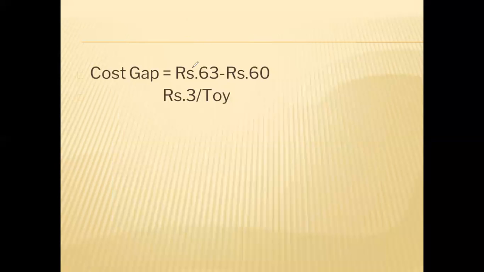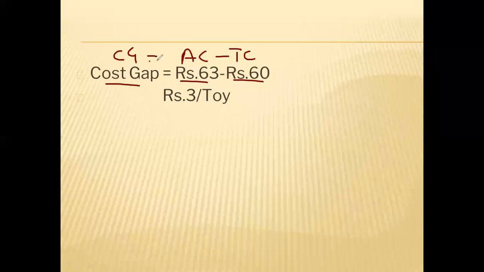And the difference between actual cost and target cost is called the cost gap. Write and keep it, it can come in the examination. The difference between actual cost and target cost is called the cost gap.